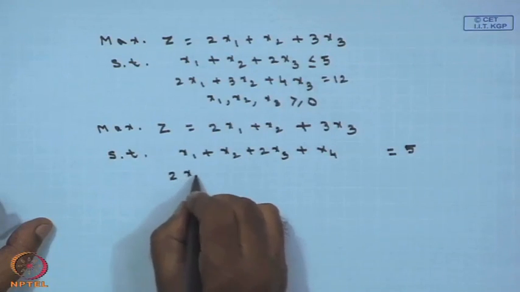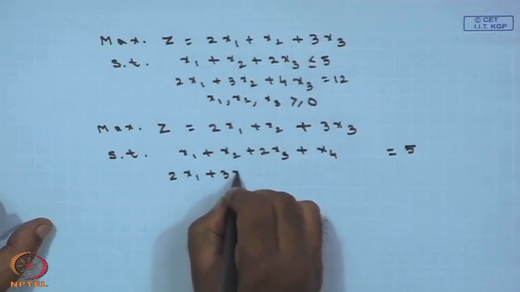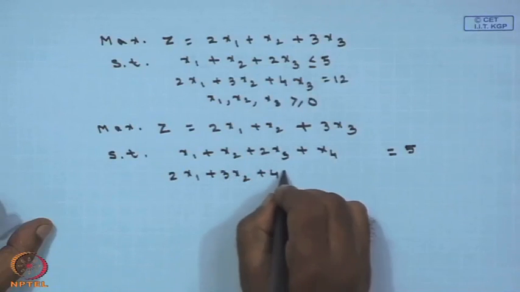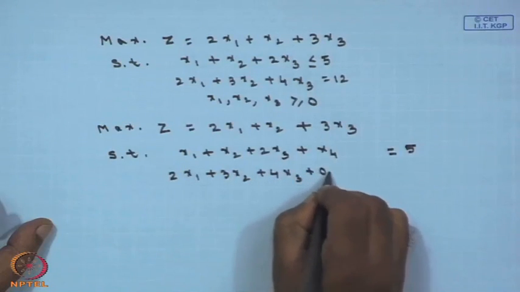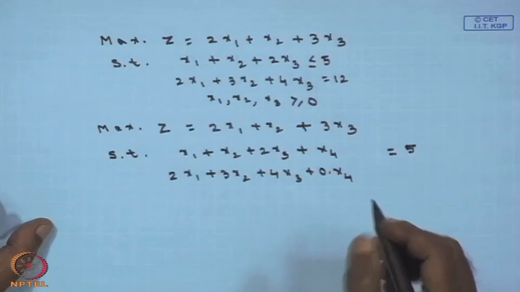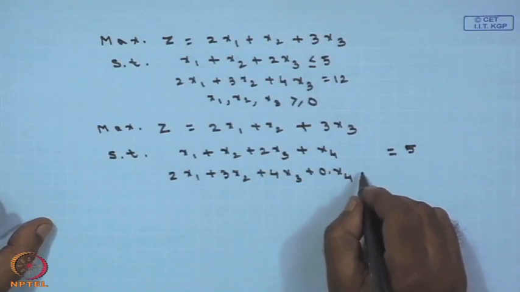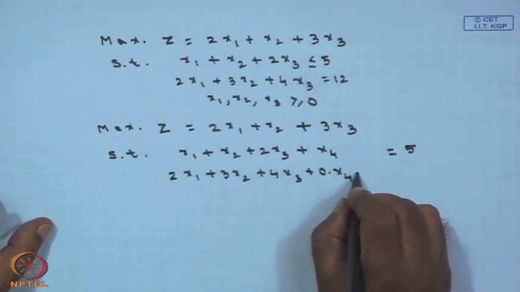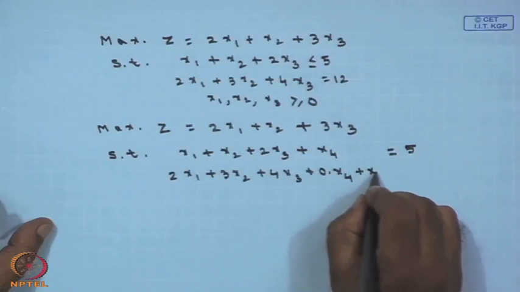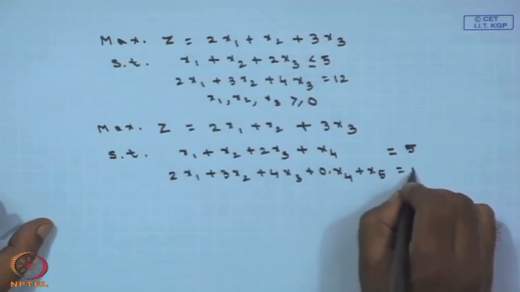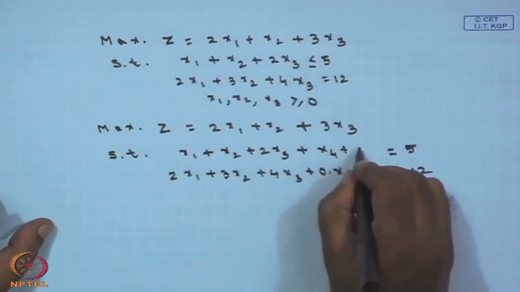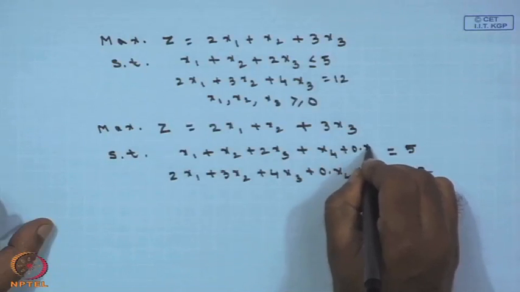The next equality constraint is 2 x 1 plus 3 x 2 plus 4 x 3. Here x 4 will not be there, but to get the initial basis we have to introduce one artificial variable, that is x 5, and this equals 12.